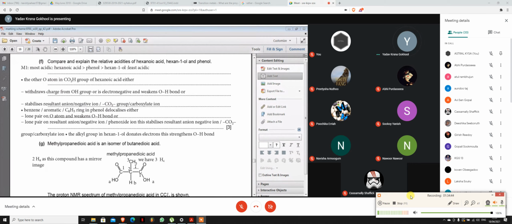And here we are going to have HA because it is a mirror image. This HA will be a singlet because there are no hydrogens on the neighboring carbon. And also it is COOH, right? So it will be 9.0 to 13.0. Then we are going to look at what Cambridge is dealing with afterwards.